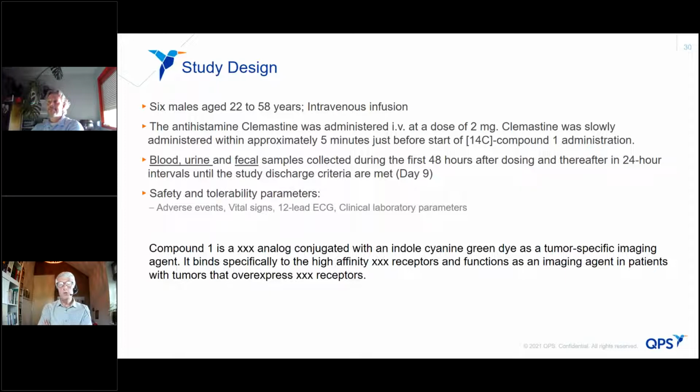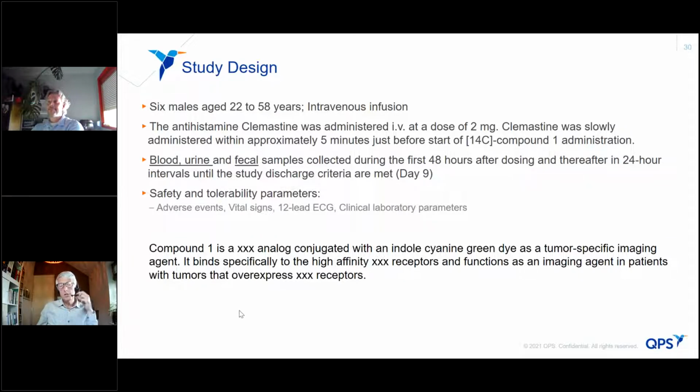And the same as the previous study, we collected in 24 hour intervals after 48 hours. And in this case, subjects stayed in-house until day 9. And of course, they could leave the clinic earlier if the discharge criteria were met.